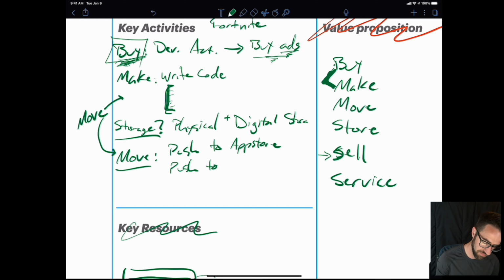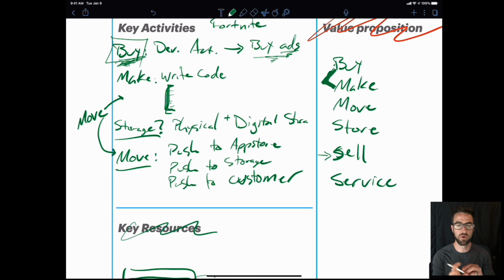Like you upload it, you push the data to your storage provider, and that's moving, right? And then you finally move again, which you don't really own, is you're gonna push to customer. Okay, so you're gonna push it to your customer, or they're gonna download it from the App Store, right?